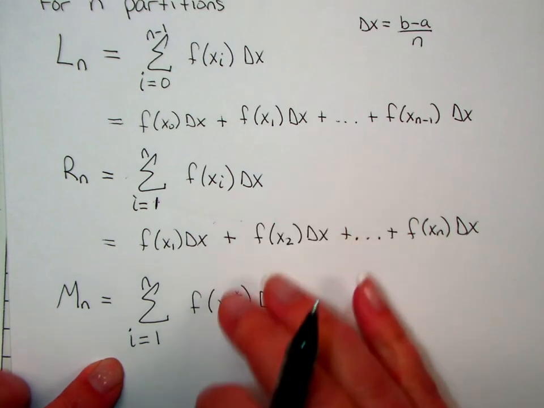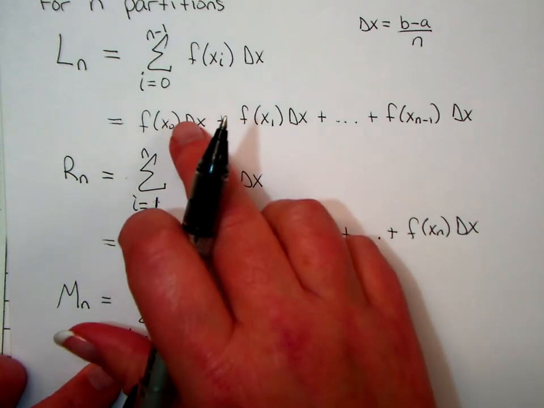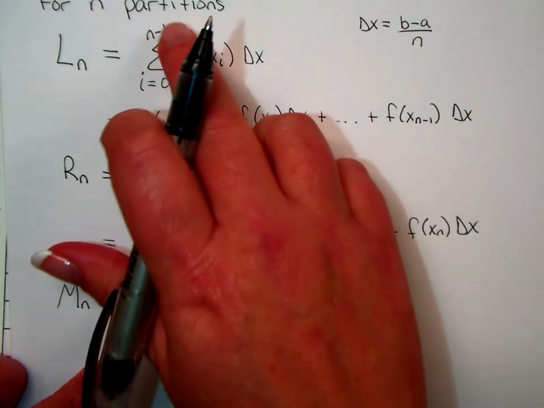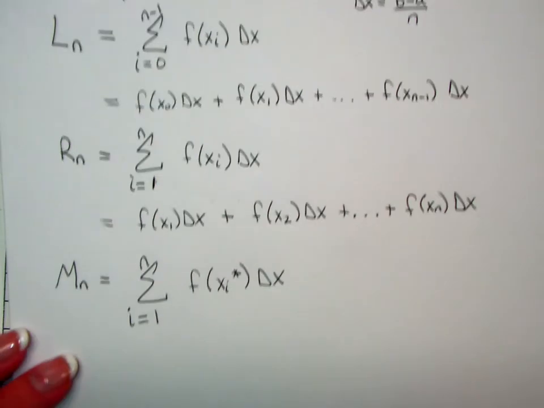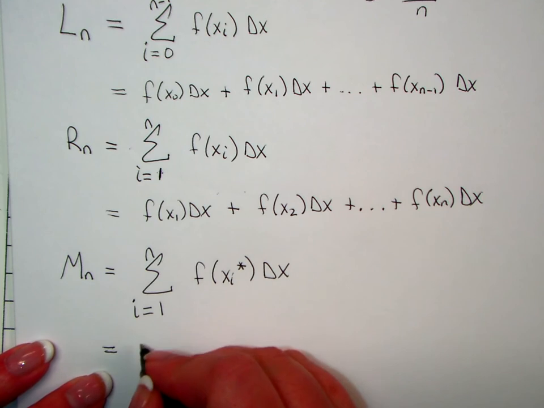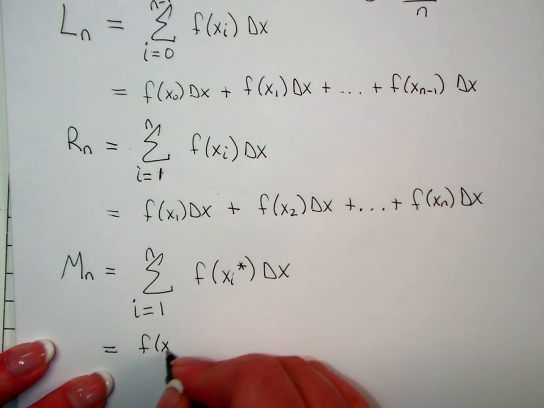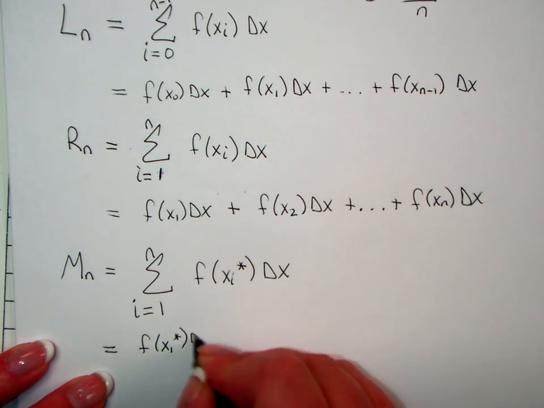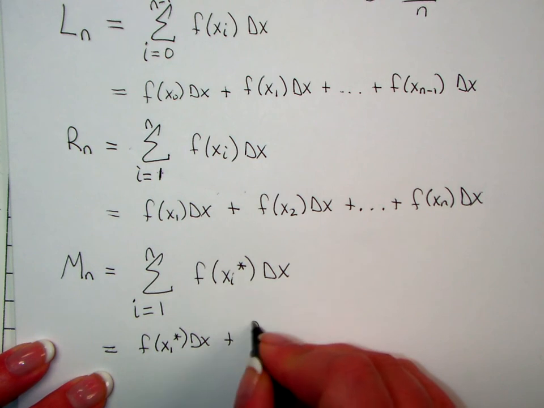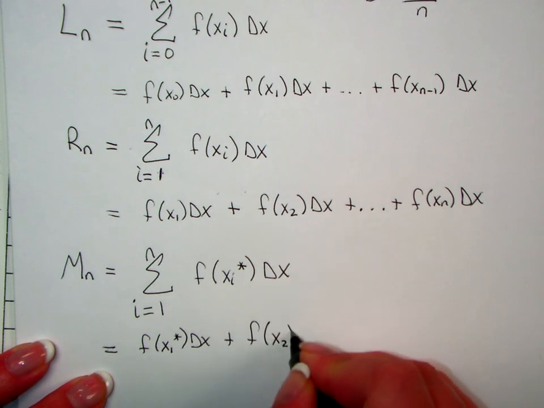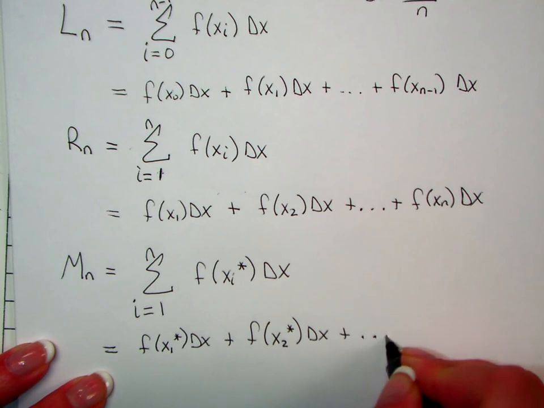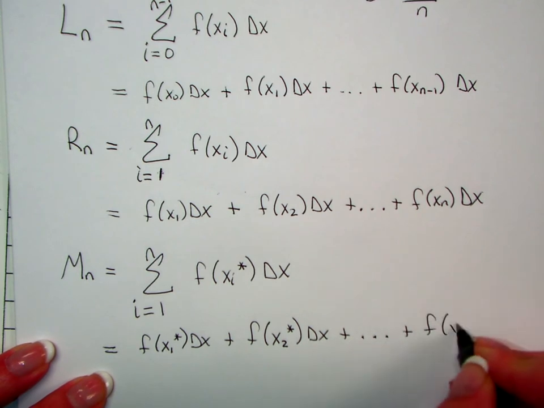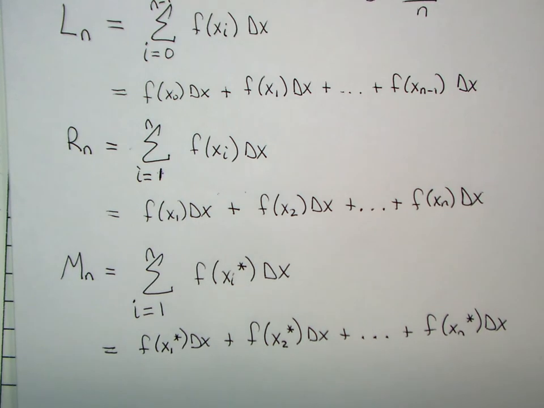So both the right-hand and the midpoints go from 1 to n. The left-hand starts at 0 and ends at n minus 1 to be on the left-hand side of those rectangles. So this would look like f of x sub 1 star times delta x, and then we'd increase the index, x sub 2 star times delta x, and we would continue doing that until we got to x sub n star times delta x.